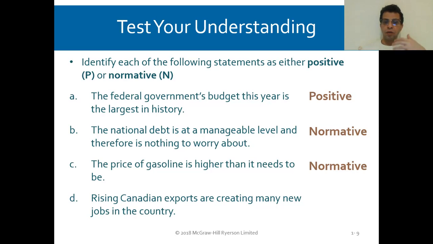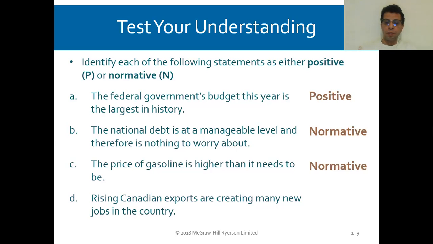The national debt could be rising, but you're not worried about it because it's under control, or it's declining and you're not worried about it. So it's normative, it depends on the values that you see and believe.